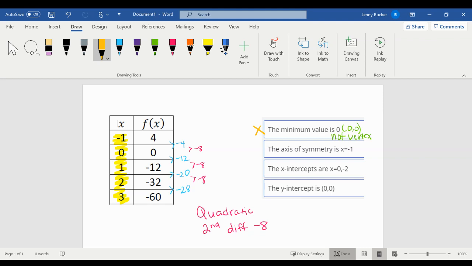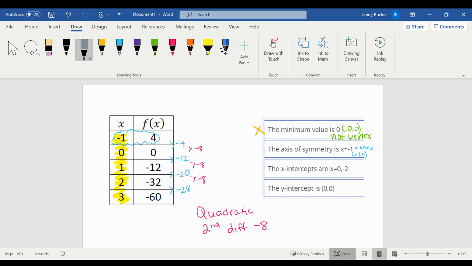Let's take a look at the axis of symmetry as x equals negative 1. So this is proposing that my vertex has an x value of negative 1, which would mean that my vertex is negative 1, 4. So let's check that. If that is the vertex, I would need to see symmetry around that point.